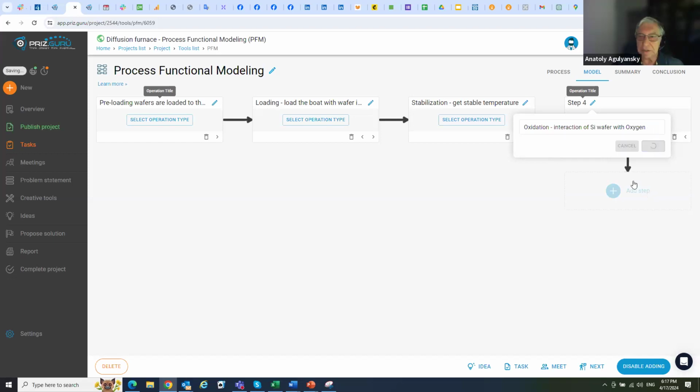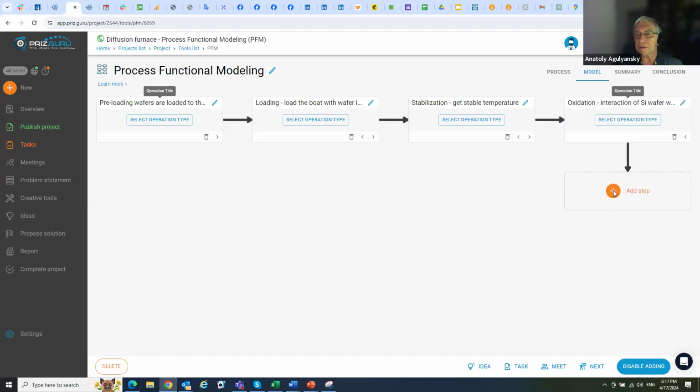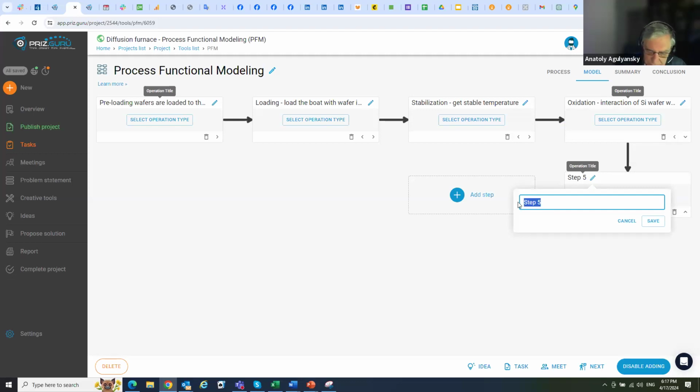And after that, when the process is completed, we need to remove it. We need to unload the boat from the furnace.